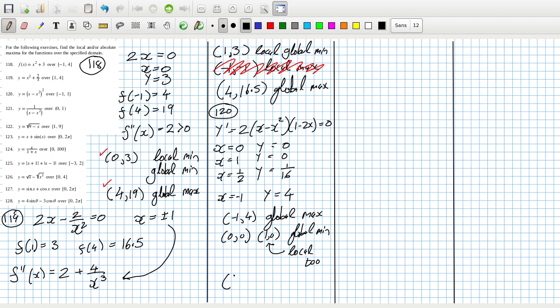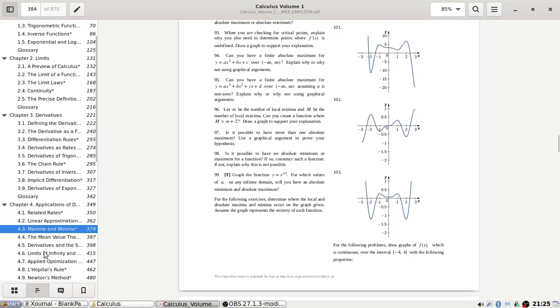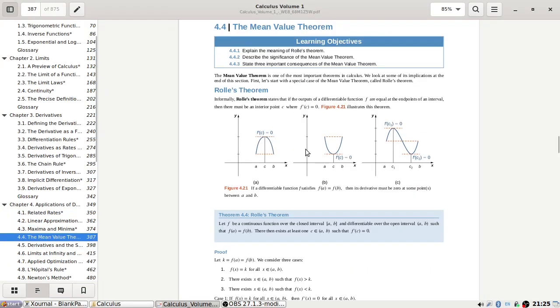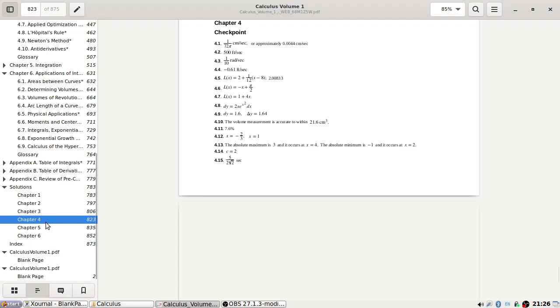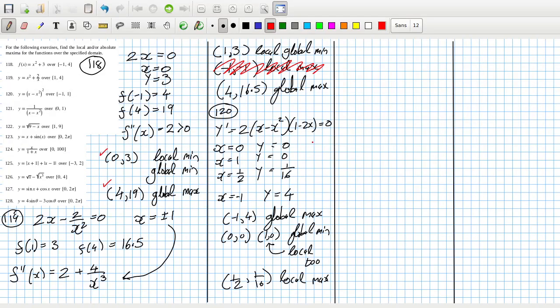So I'm going to have a stab at saying a half, a 16th, is a local max. So let me see if I'm right. Oh, it's even. There's not going to be any answer. Rats.